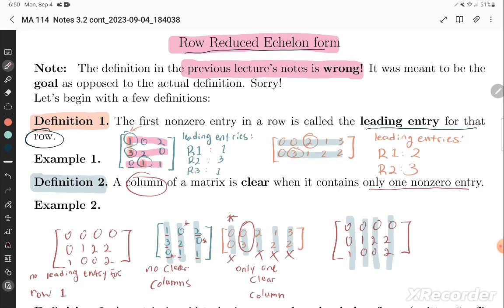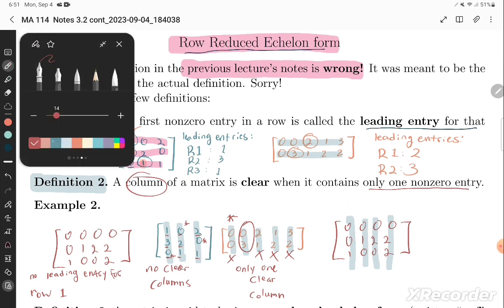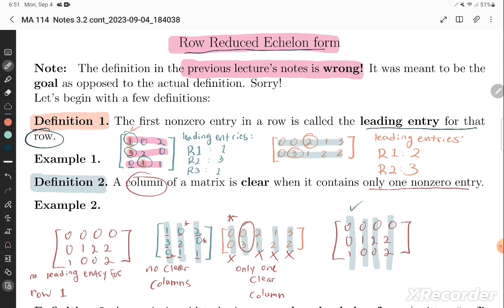Because here, this column's clear, that checks out because if I look at it, I've got, I'm going to do a different color because it's the same color, this one's clear, that's good because I've got 0, 0, I've only got one non-zero entry, and it's right there. Again, I've got one non-zero entry here, so that's clear, and one non-zero entry here, and that's clear. But this last one is not clear, because I've got two non-zero entries in this one.